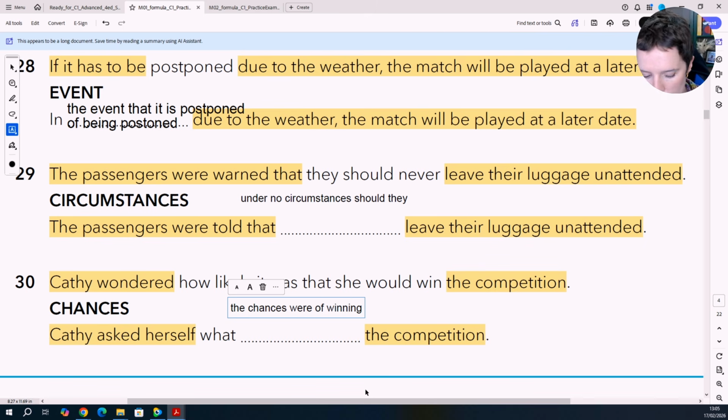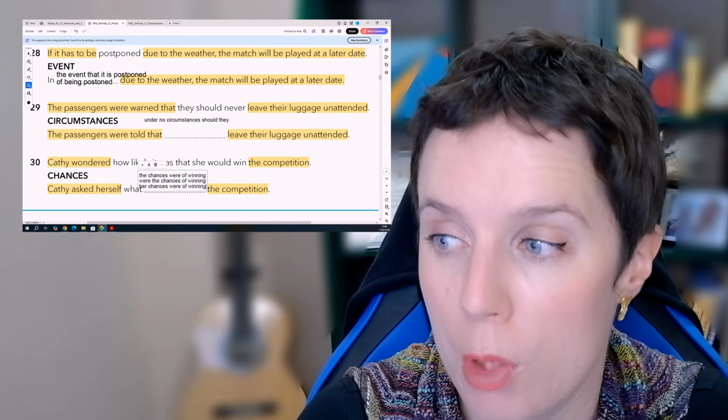Okay, we could also flip that round again and say, what were the chances? Kathy asked herself what were the chances of winning the competition. Or Kathy asked herself what her chances were of winning the competition. Okay, so we had 3 different sentence patterns there that we could have used.